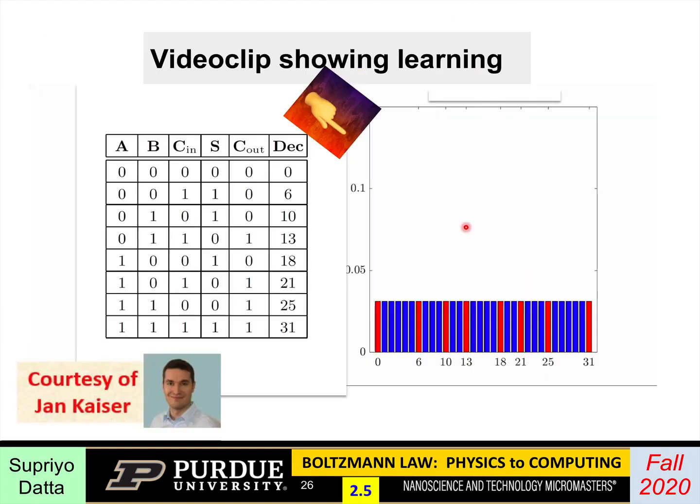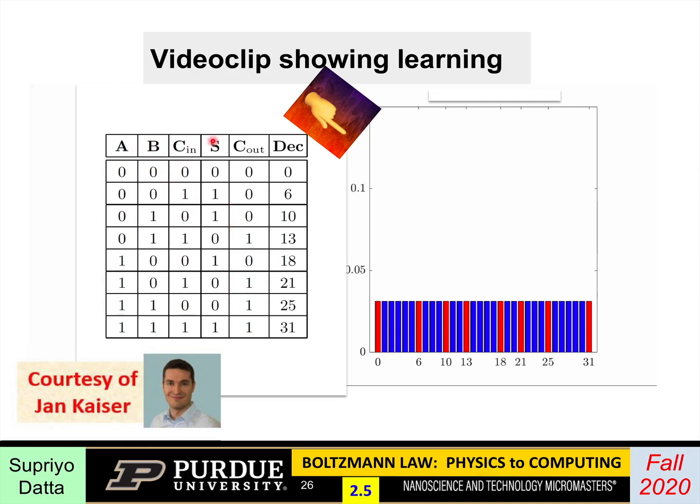So here's an example of learning a truth table, where the truth table I took as that corresponding to a full adder, which means it has 3 inputs, and then it produces a sum and a carry term. So you have 0, 0, 0, and the output is 0, 0, for example, or 1, 0, 1, and then the sum is 0, but the carry is 1, etc. So the details aren't very important, but this I'm writing in binary notation.